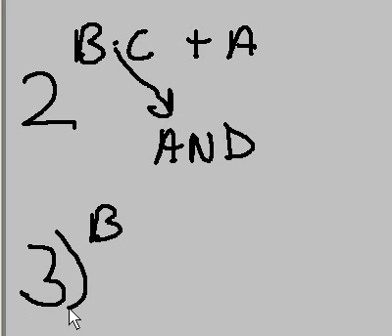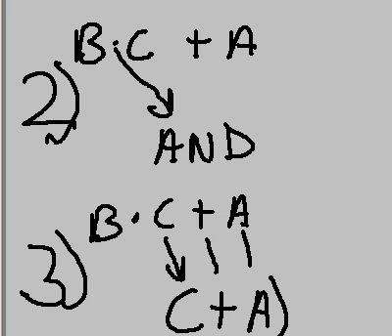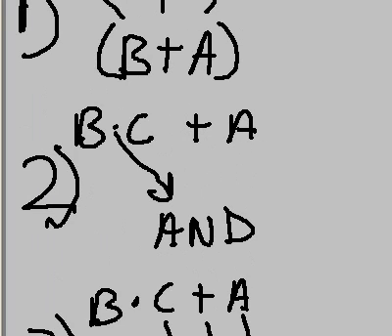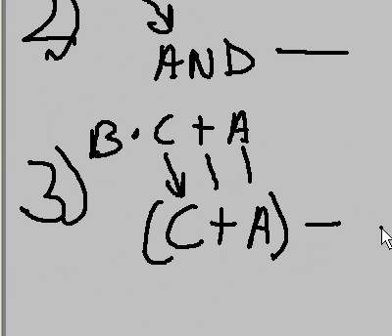Well, now I take the next guy, which is B and C ORed with A. Now I take the next guy, C, and I'm going to OR that with A. And there, we're done. We just finished. It's going to be B or A ANDed with C or A.